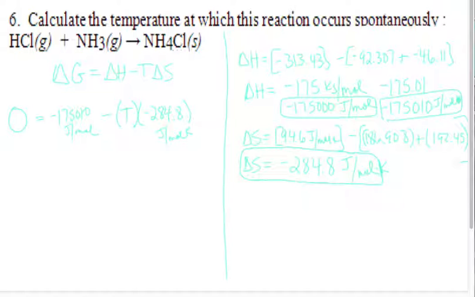And what is that temperature? 614.6. We're going to leave it at 615 Kelvin because we have a no decimal place number minus a whatever. Don't worry too much about sig figs.